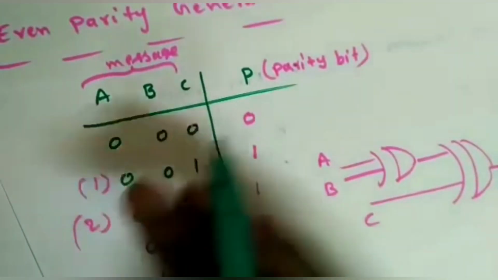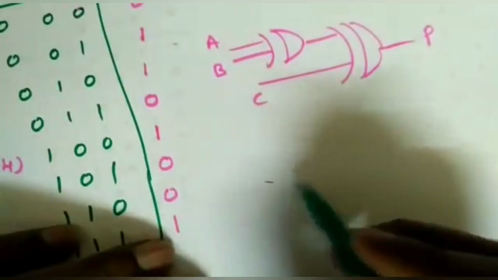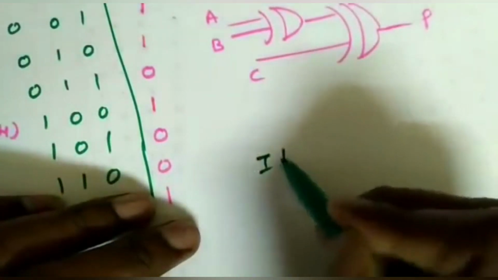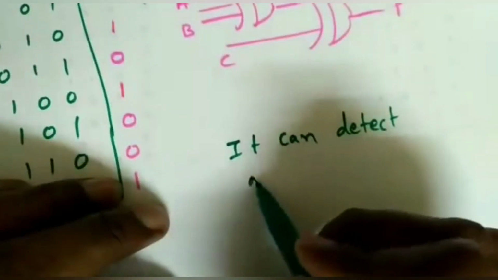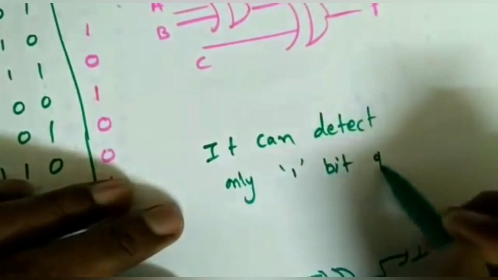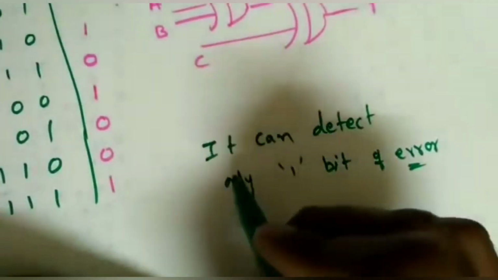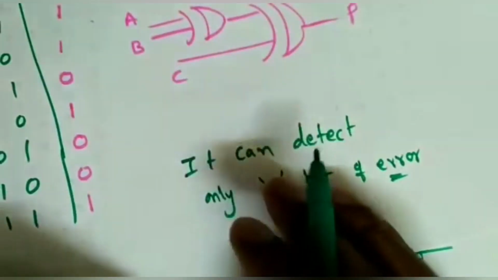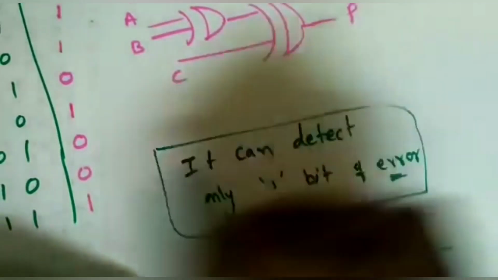That is the drawback of the even parity generator or odd parity generator. It can detect only a 1-bit error. Whenever there is a 1-bit error, only then can it detect, whether it is even parity or odd parity. So that is the drawback of this one. Just remember that.